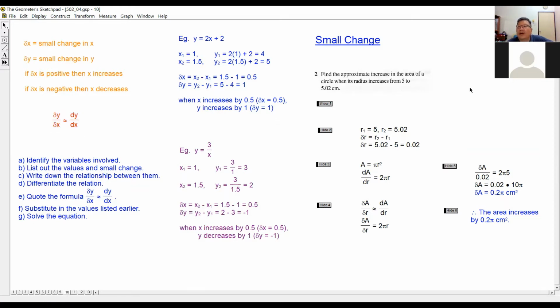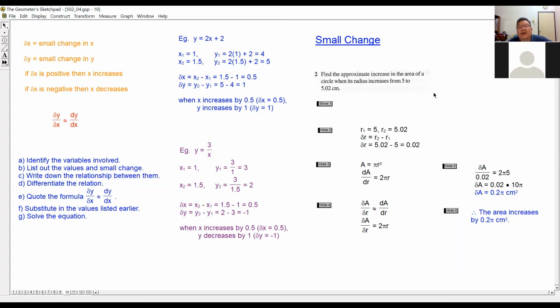Okay, now what I mean by that, you look at this first example here. The question is, find the approximate increase in area of a circle when its radius increases from 5 to 5.02.